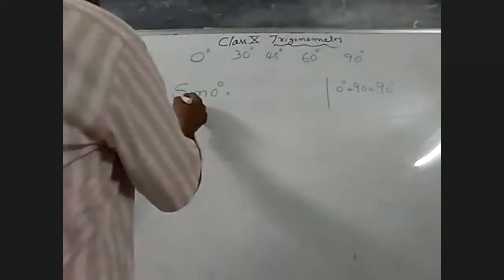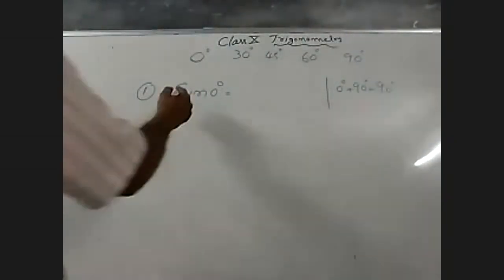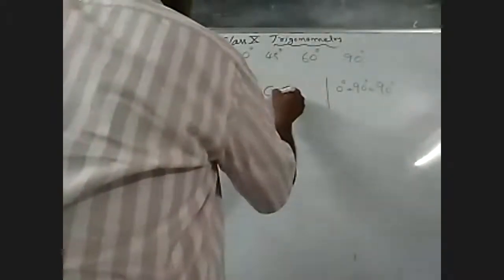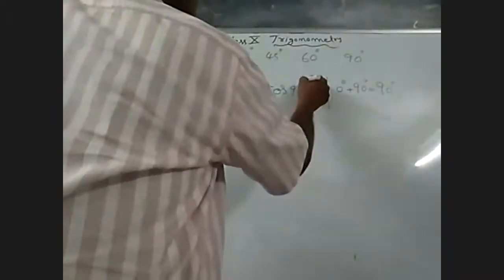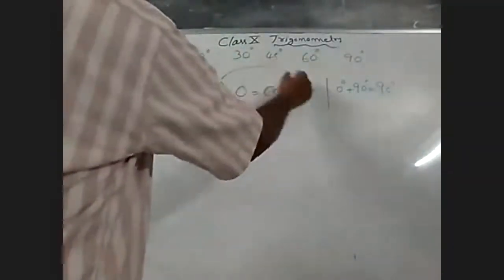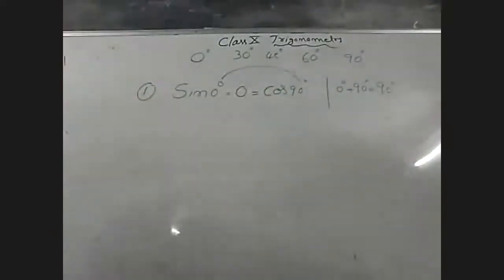Now sine 0, so 0 degrees and 90 degrees are complementary angles to each other. Therefore, sine 0 is equal to 0, it is equal to cos 90. Like that you have to remember. If you add these two angles and it is 90, these two values are equal to each other.